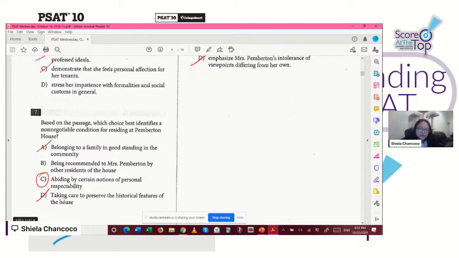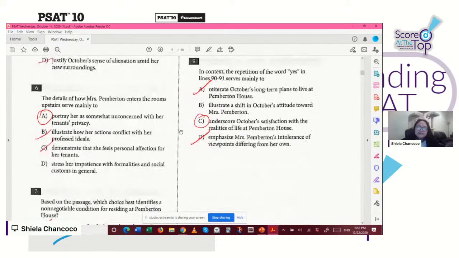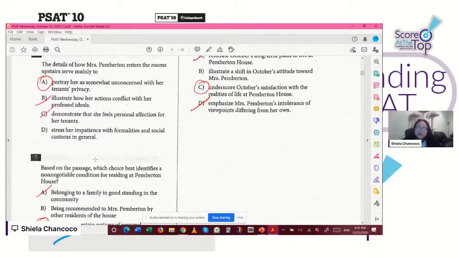Abiding by certain notions of personal respectability, right? She wants the ladies to be respectable ladies. That's why they're not allowed men upstairs. That's basically what it was. So this one is actually a paired question.